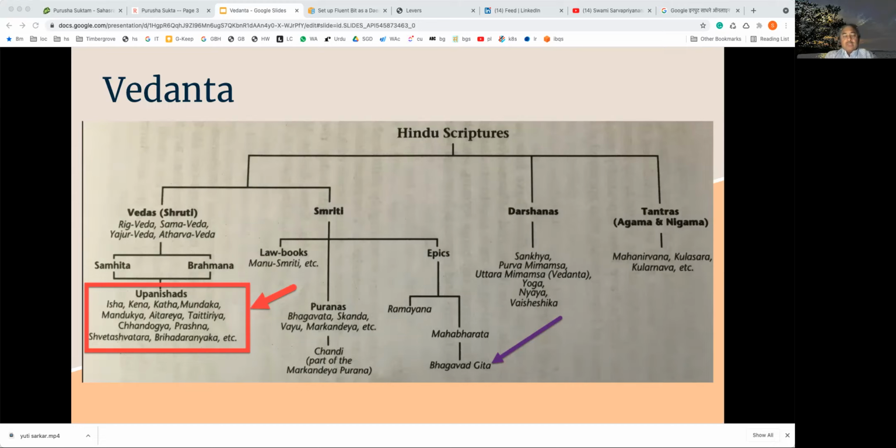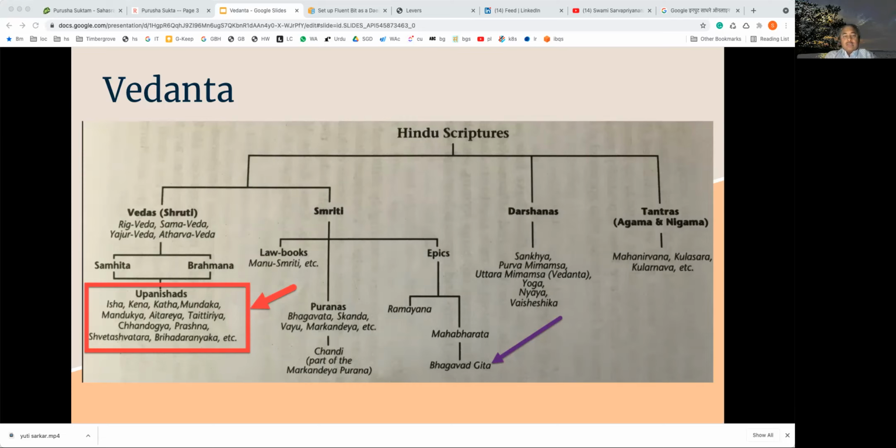So as you can see from this picture, we had the core text, the Vedas, and they are split into 4 parts, and the Upanishads form the last part, and that is called the Vedanta. And you will also notice a different branch of these works where the Bhagavad Gita sits.